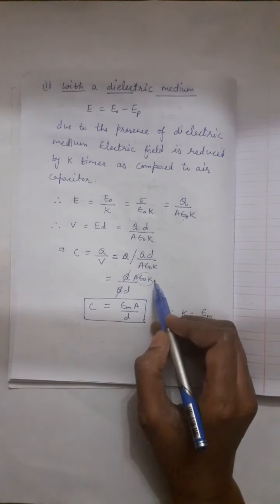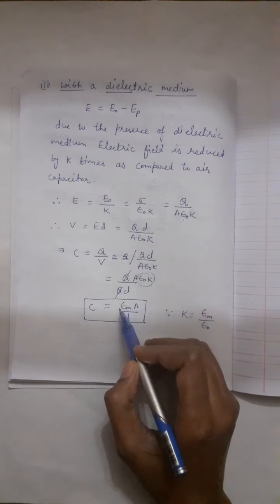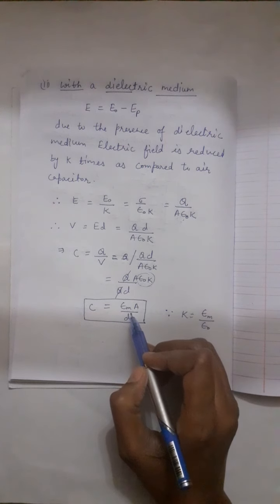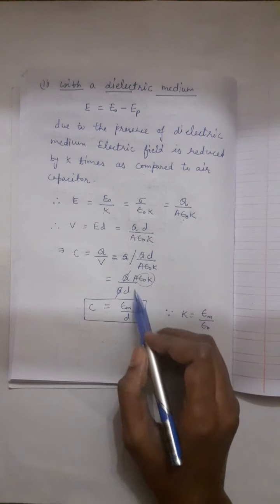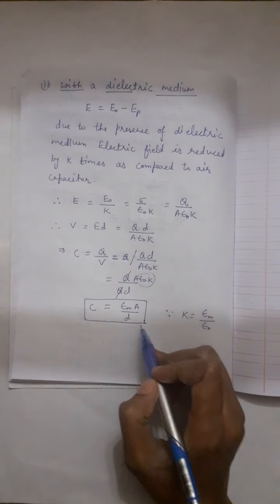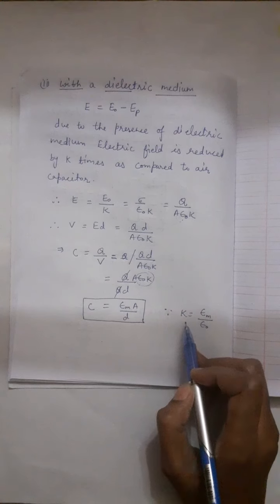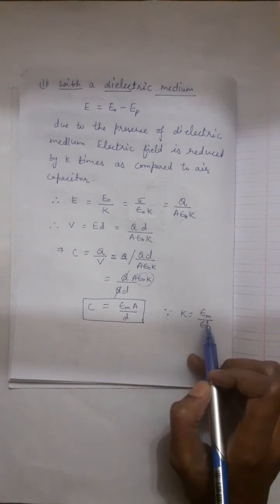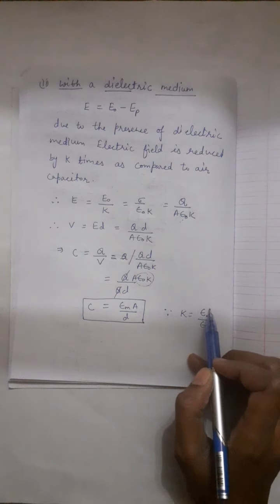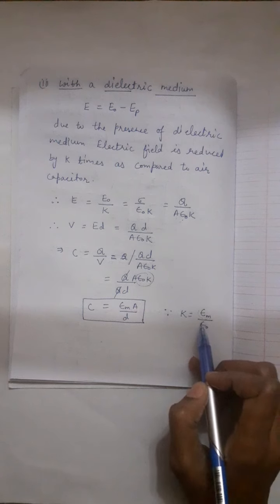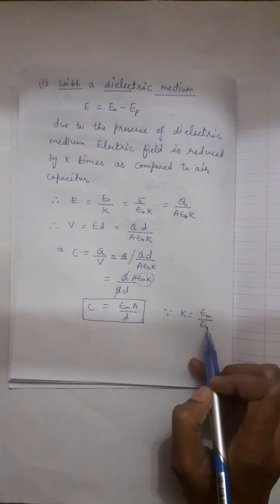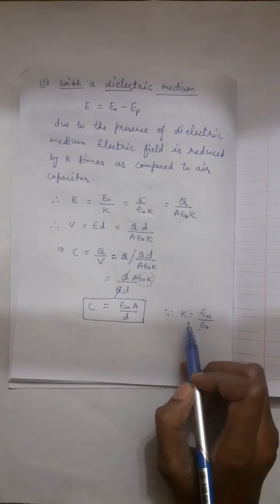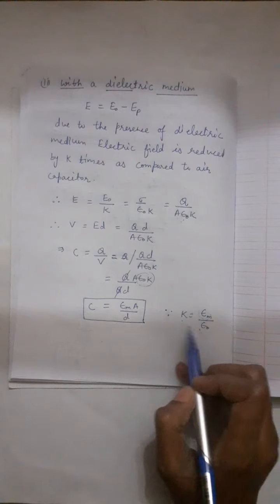This value of K epsilon naught will be written as epsilon m, meaning the permittivity of the medium, because we know that the dielectric constant is equal to the permittivity of the medium divided by the permittivity of the free space. So from this formula epsilon m is equal to K epsilon naught.